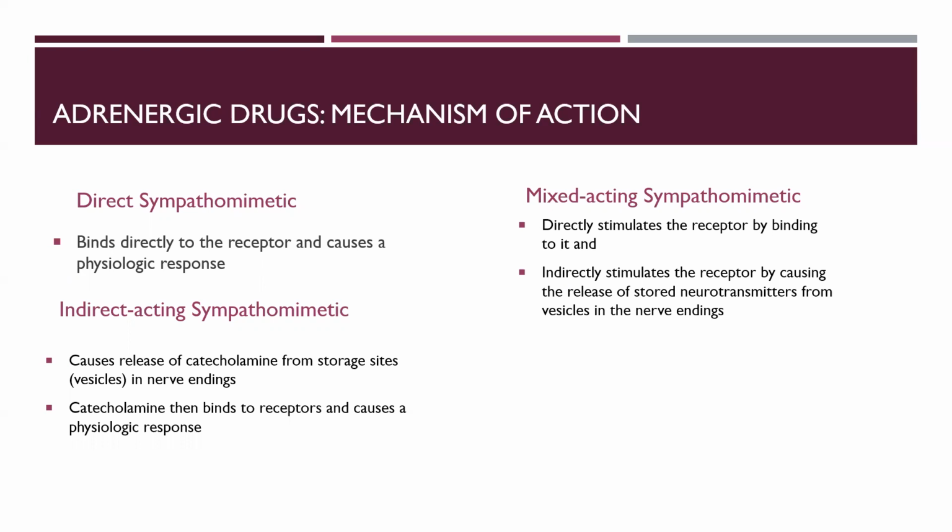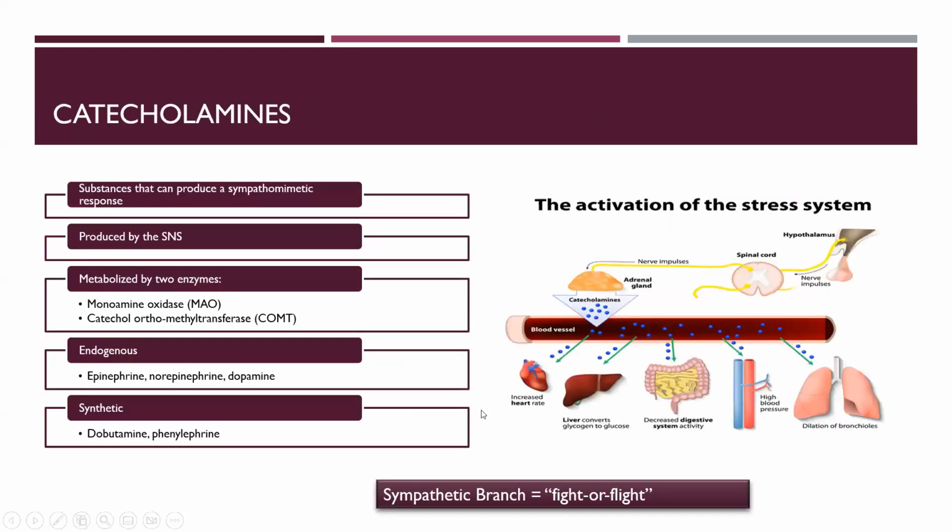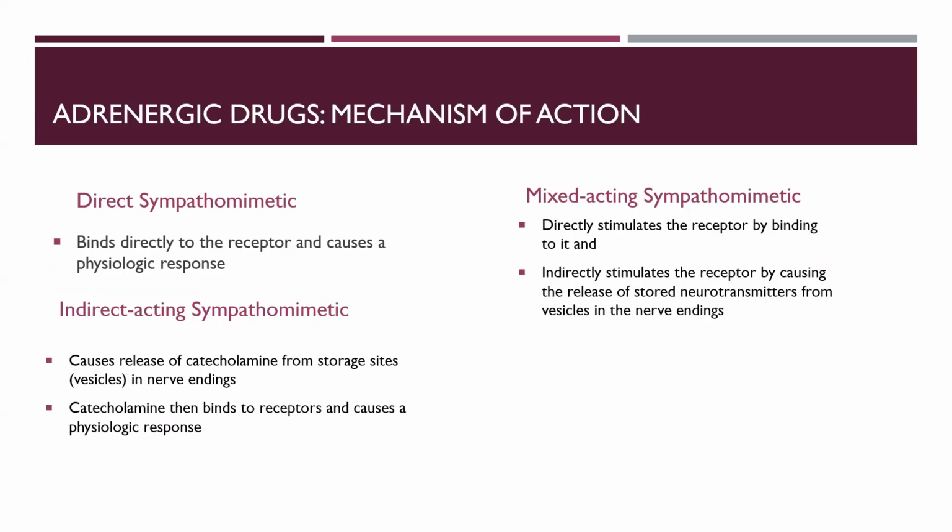Indirect is the release of these catecholamines that we just talked about, which is going to be at the nerve endings, and it binds the receptor, causing that physiological response. And the final one is mixed acting, where basically it's a little bit of reaction to the receptor, a little bit of releasing these neurotransmitters in order to get a response. And that's how pretty much most of these adrenergic drugs work.